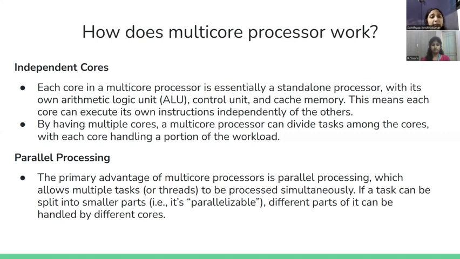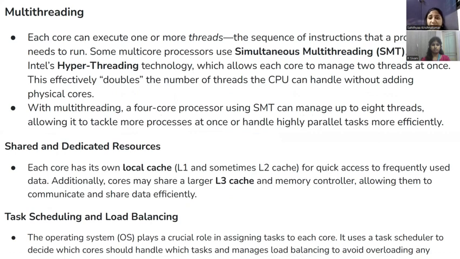And multi-threading. Each core can execute threads, sequences of instructions necessary for a program to function. With simultaneous multi-threading, a technology seen in processors like Intel's Hyper-Threading, a single core can manage multiple threads. Simultaneous multi-threading effectively doubles the number of threads the processor can handle without adding additional physical cores.